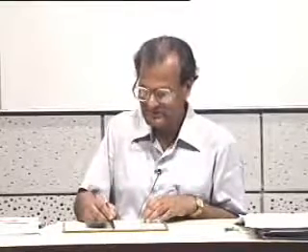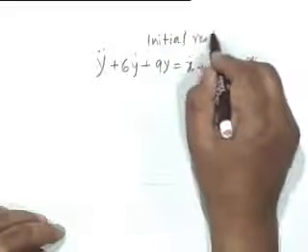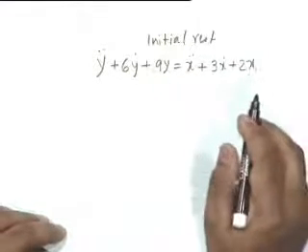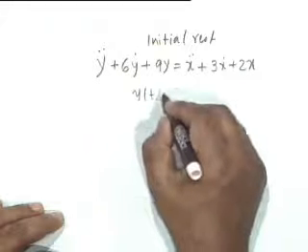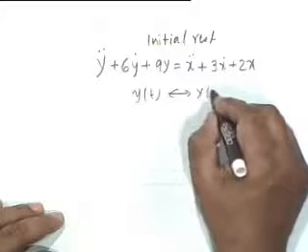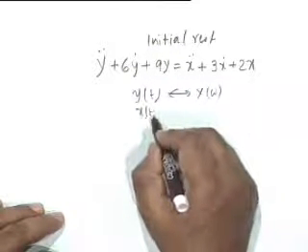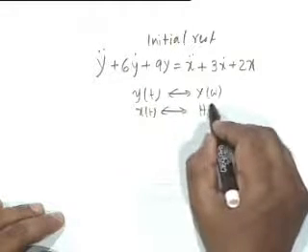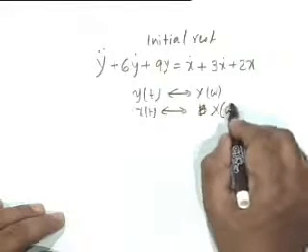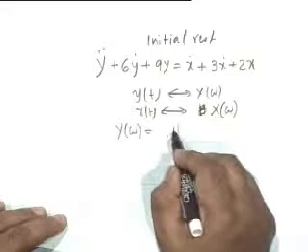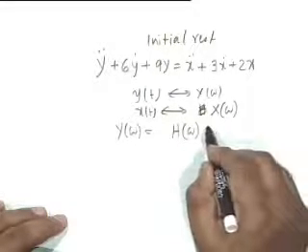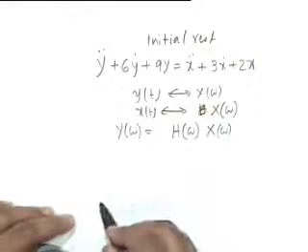Now you see, if you take the Fourier transform of both sides, of course we assume initial rest, and you say that y of t transforms to capital Y of omega and x of t transforms to capital X of omega, then you know that Y of omega should be equal to capital H of omega multiplied by X of omega.